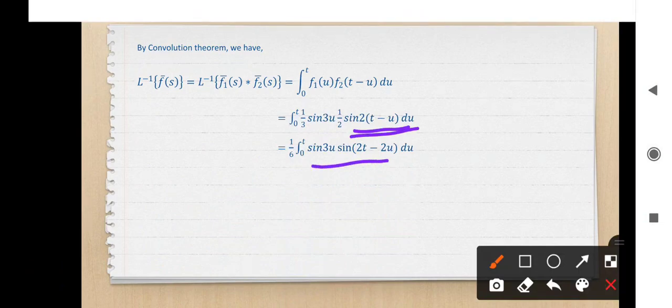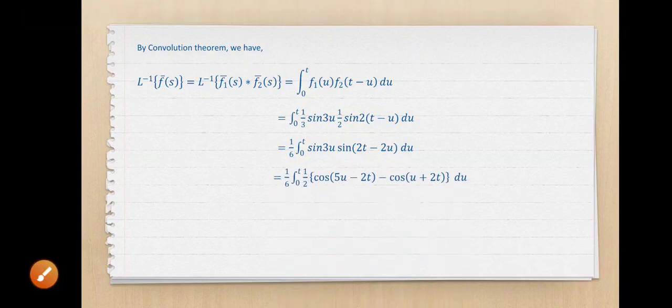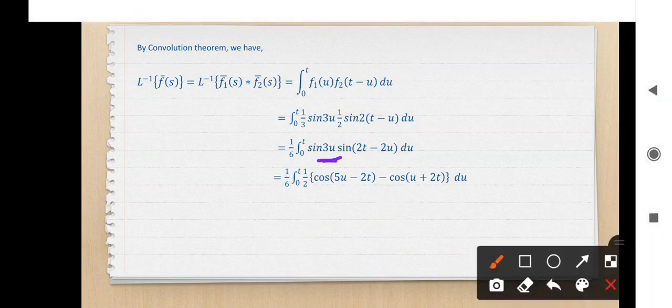Now the integrand is in the form of sine a into sine b, and we know that sine a into sine b is equal to 1 by 2 cos of a minus b minus cos of a plus b. Here a is 3u and b is 2t minus 2u.